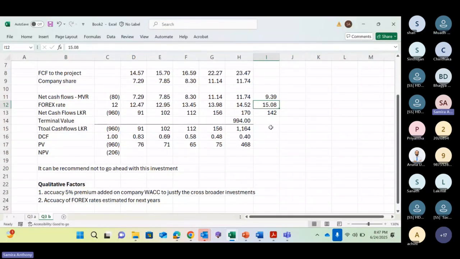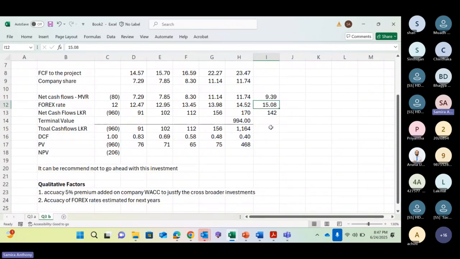Yeah, this is the growth rate, not because of cash flow growth, but because of foreign currency growth, Puta. The Sri Lankan rupee will depreciate against the Maldivian rupee. Is that clear? But anyhow, we have to apply the growth rate, no, sir? Yeah, because of the foreign currency depreciation.